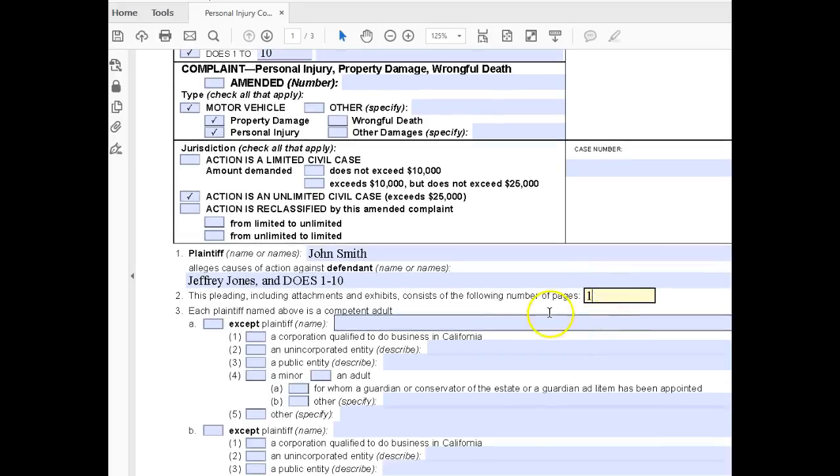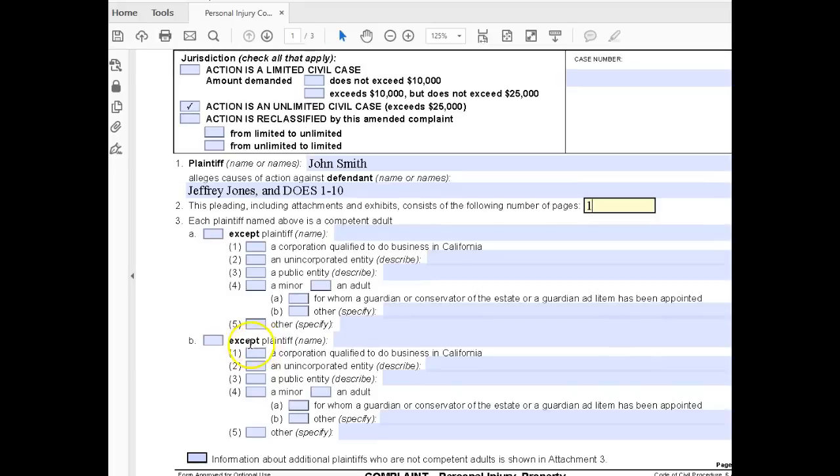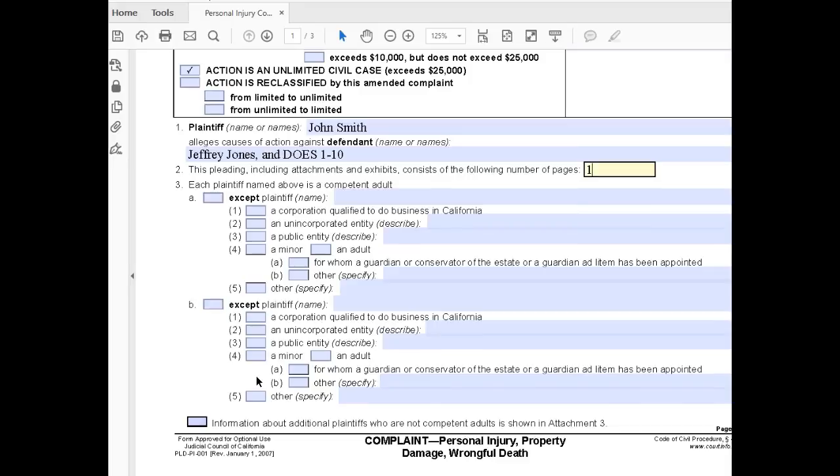We'll see. All right, each plaintiff name above is a competent adult, except, well, they're all competent adults, so we don't have to put anything in there. Same as except for plaintiff. In essence, if you had plaintiffs here who might have been minors or might have been corporations, then we have to put that in so that we can classify what kind of plaintiff they are.